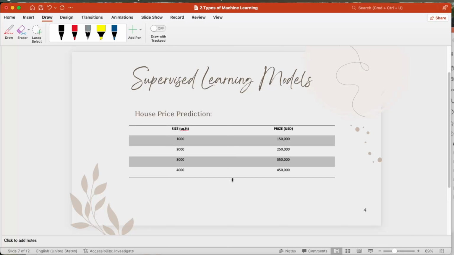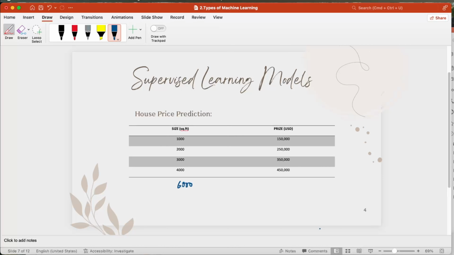Let's say you want to predict house prices based on their size. You might have a data set which looks like this. I'll say for 1000 square feet size of the house, the price is 150k USD, and for 2000 square feet it's 250k USD, and for 3000 square feet it's 350k USD, and so on. Now I'll give this data to the model to train. Now I can ask the model what's the predicted price of a 6000 square feet house.